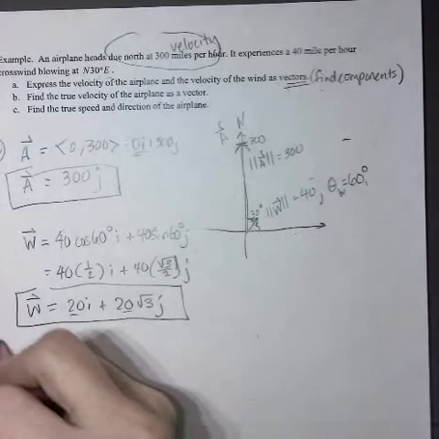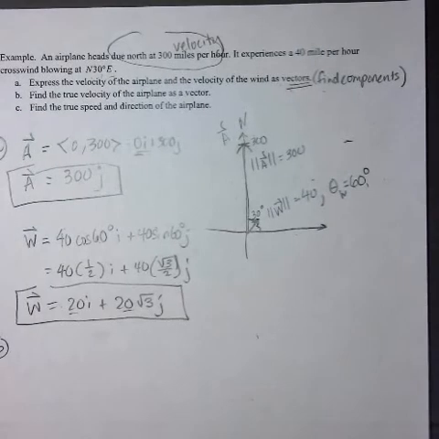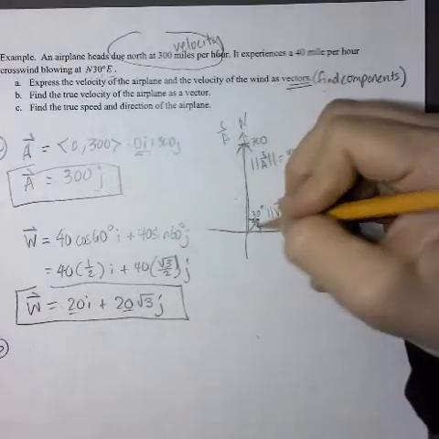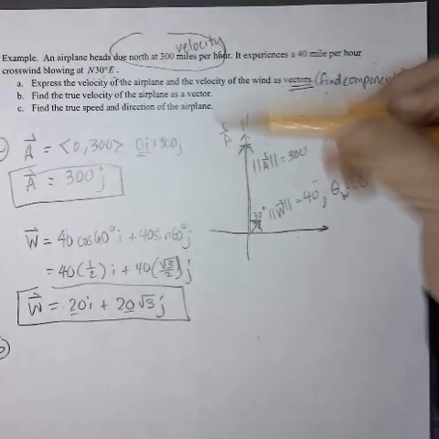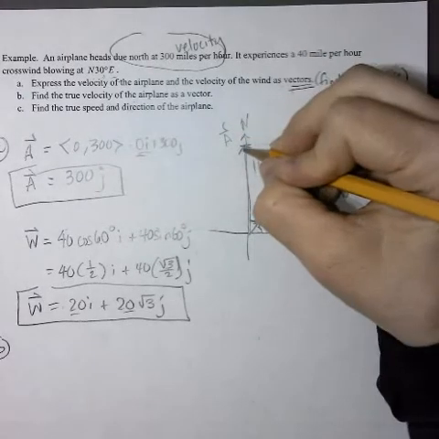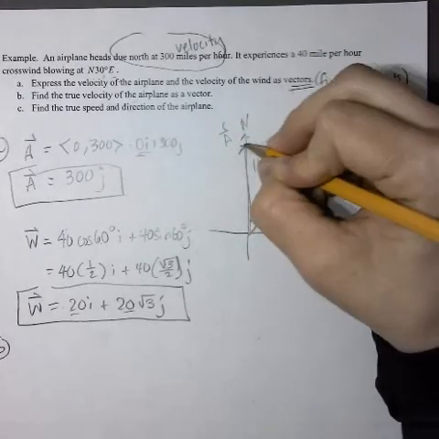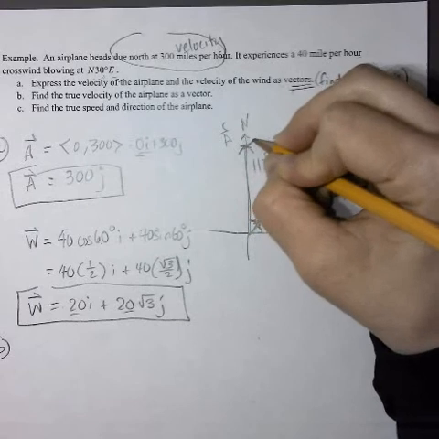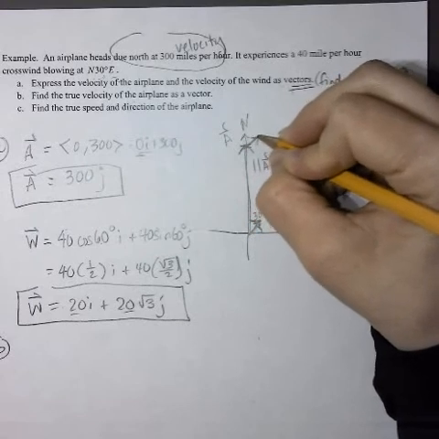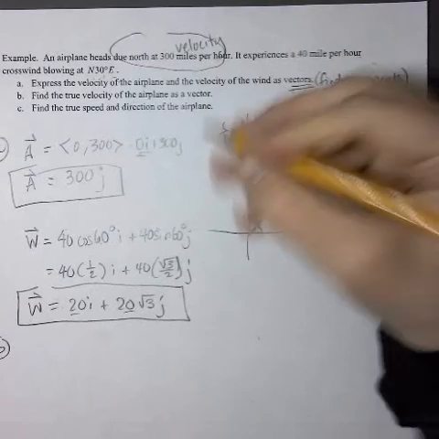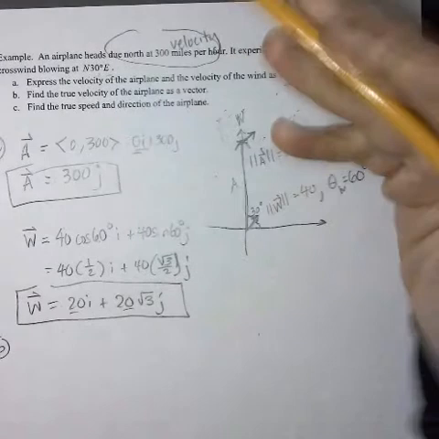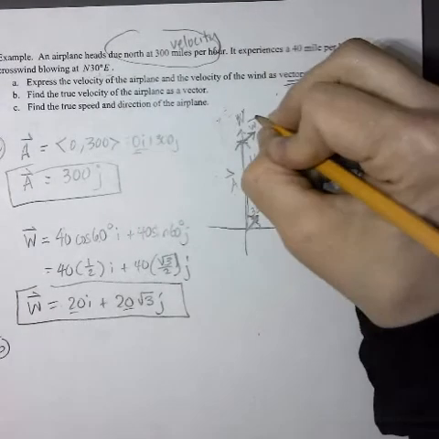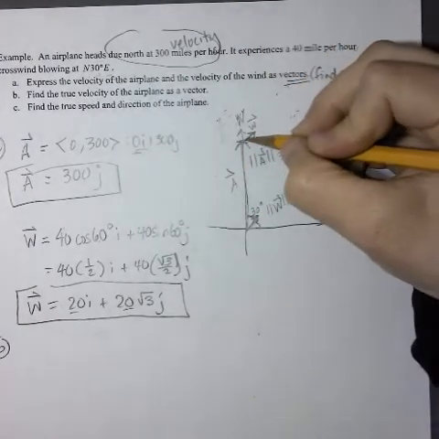Part B, find the true velocity of the airplane as a vector. Well, the wind comes along and knocks this off course, and what happens, I'm going to erase this 300, is the vector, or the length of this vector, if you translate it up here, this is I guess A, and this is W. It gets knocked off course.